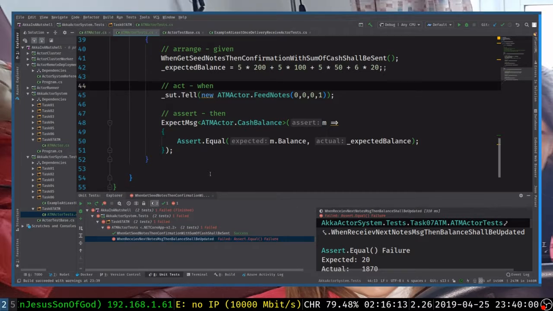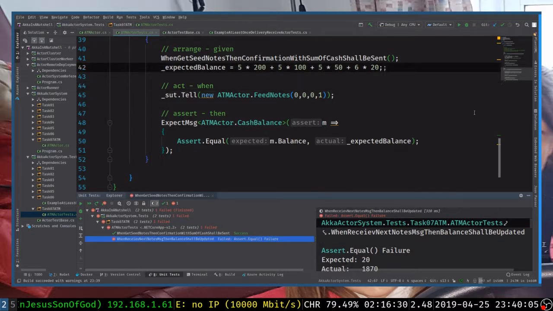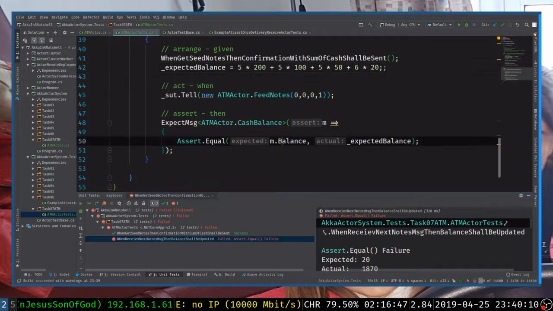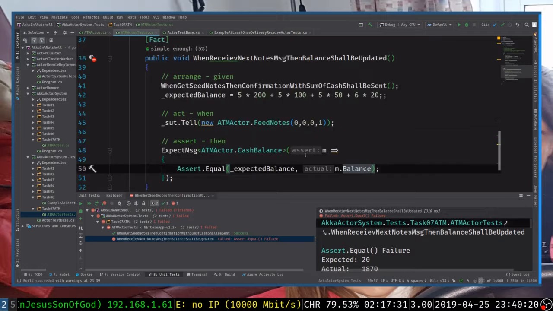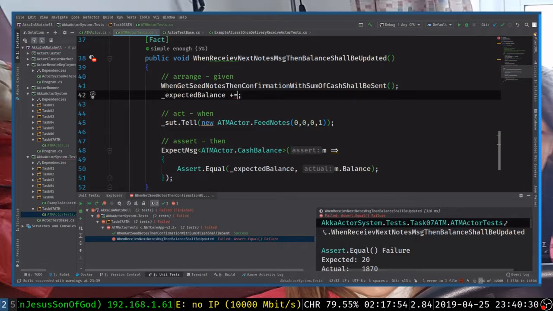Very interesting. Now it will be easier when we have expected and actual will be this, and so now plus equals 20.